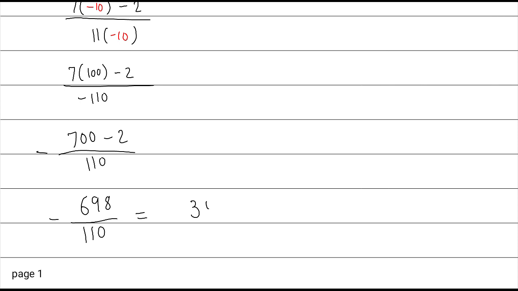I cheated a little bit and used my calculator. I know, I shouldn't do that. And that's 55 on the denominator there, and I think that's about as simplified as I can go. So there we go, that's our second example. That was fun, right?